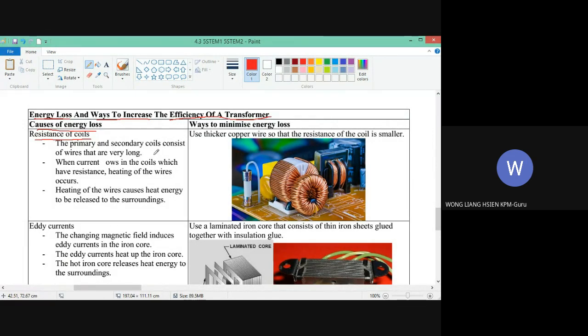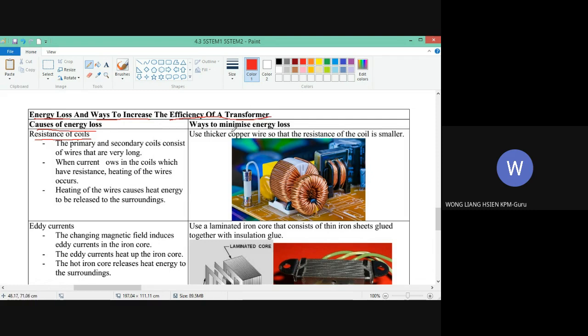The higher the resistance, the higher the amount of work that needs to be done. The work done to overcome the resistance converts electrical energy into heat energy, so the coil will become hot. So how to minimize the energy loss? Of course, reduce the resistance of the coil.